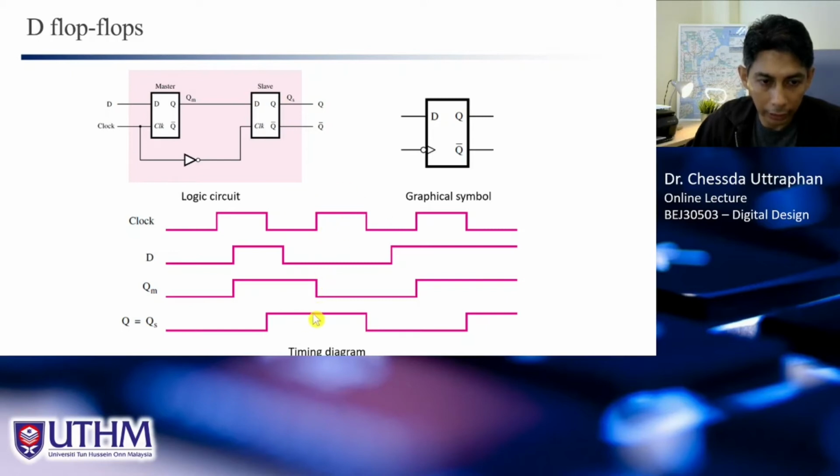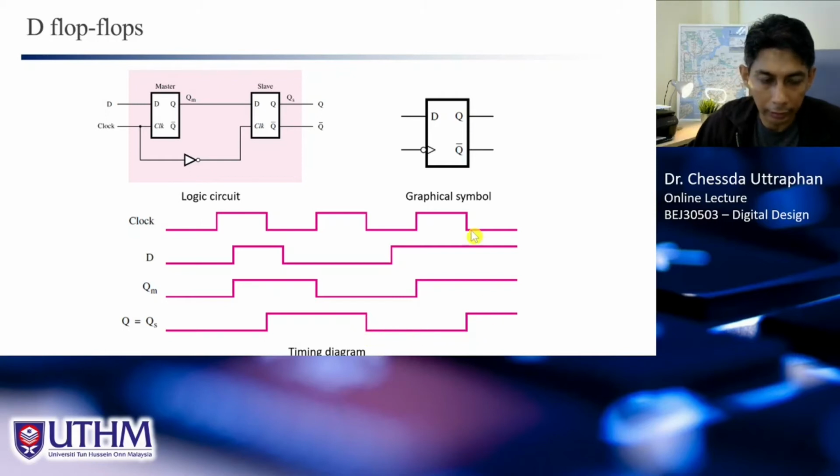Because the clock is not active, the previous output is 1, so it will still remain 1 until here the clock is active for the slave. And if the clock is active, and because this is 0, it will go down to 0 and done.